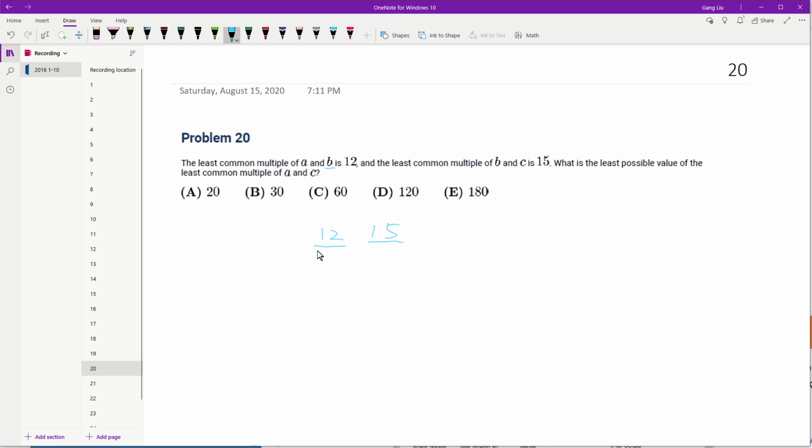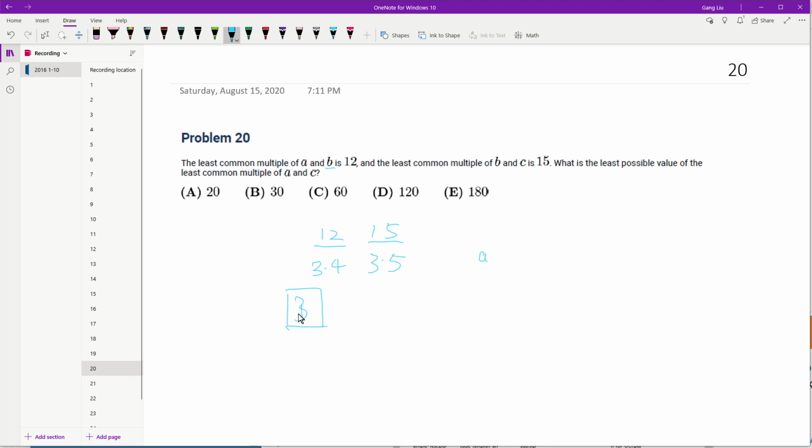So they have a common factor of 3. So B is a multiple of 3, and if B is as big as possible, it's 3, then A and C could be as small as possible.